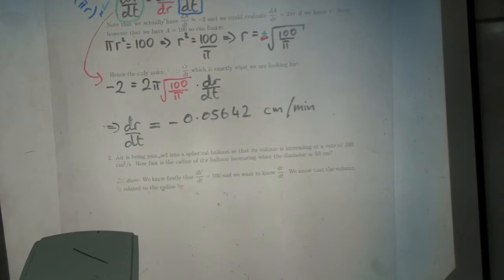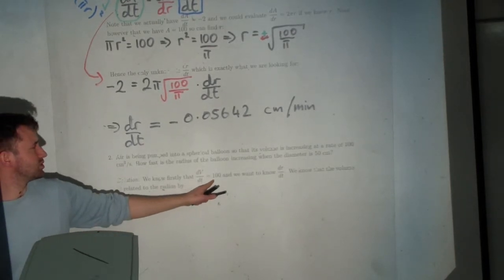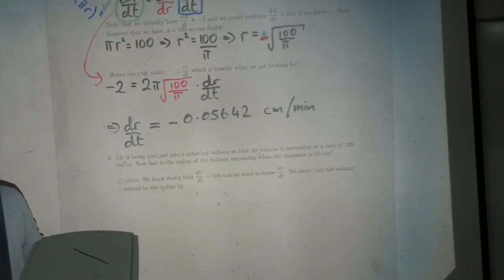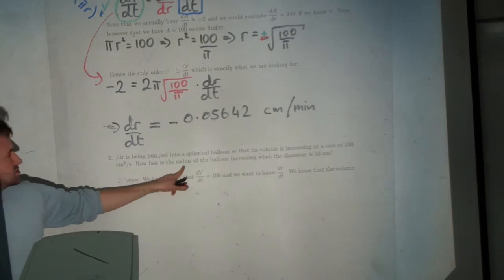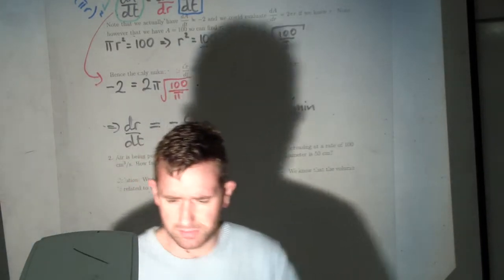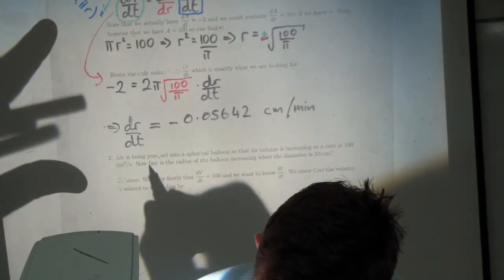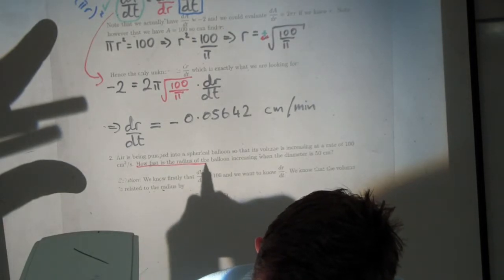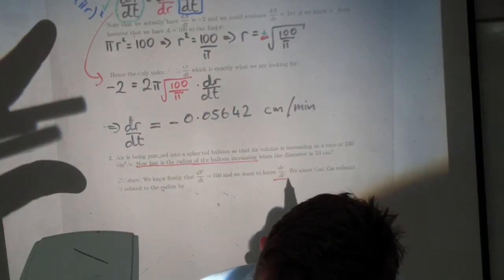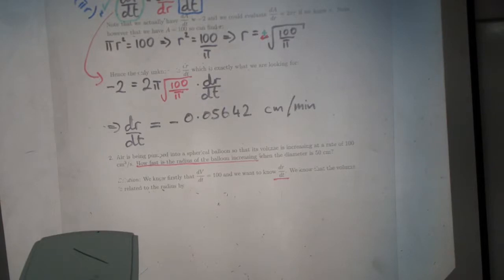Okay. So we know first that dV/dt is 100 because any air that goes into it will increase the volume. And we want to know how fast is the radius increasing. That's dr/dt. There are different things we can write down now in terms of formulas.